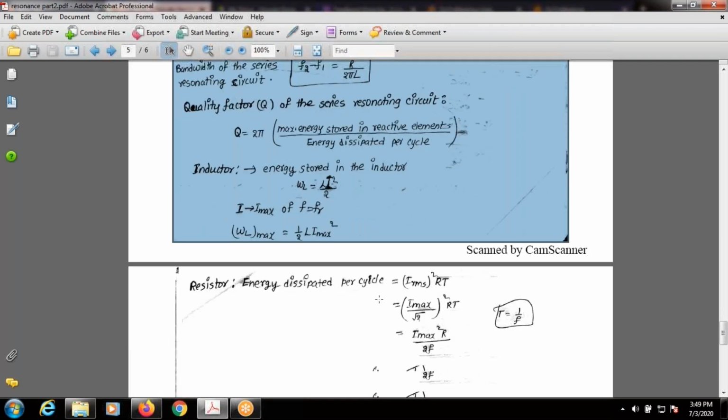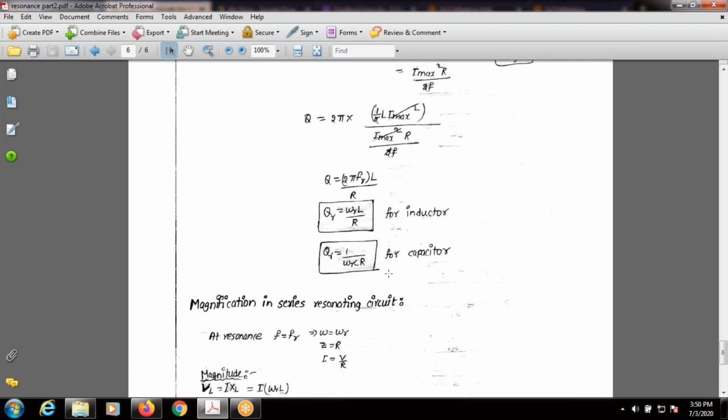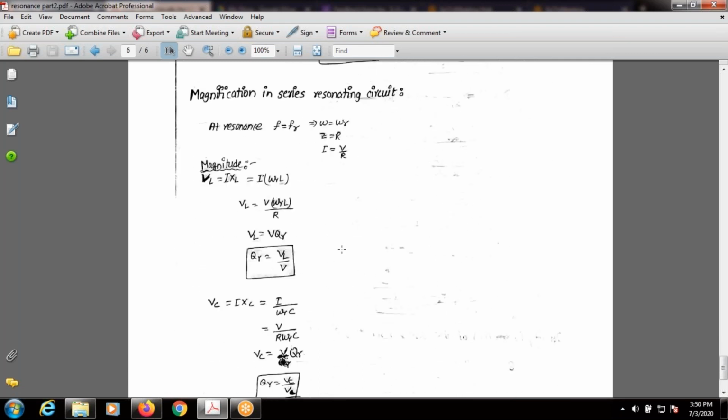And coming to the quality factor, in an inductor it is omega L by R, whereas in a capacitor it is 1 by omega C into R. Then what is the voltage across the resistor? For the resistor, I is equal to V by R. Then what about the voltage across the capacitor as well as the inductor? The voltage across the inductor is equal to I into XL.